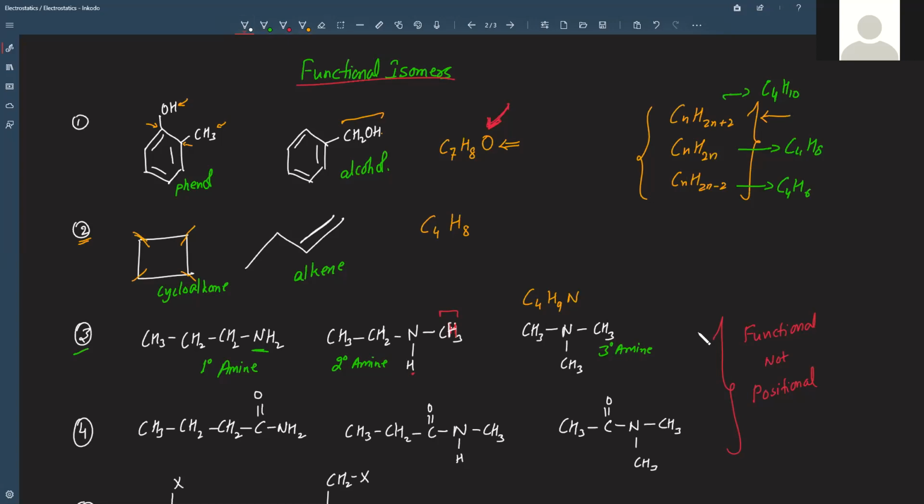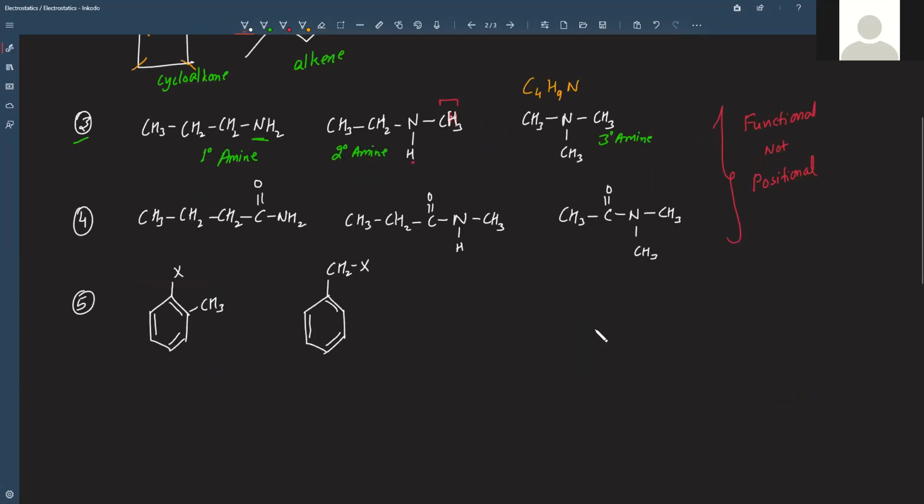And similarly, we have 1 degree, 2 degree and 3 degree amide. So the fourth set is actually of this one, 1 degree amide, 2 degree amide and 3 degree amide, right?